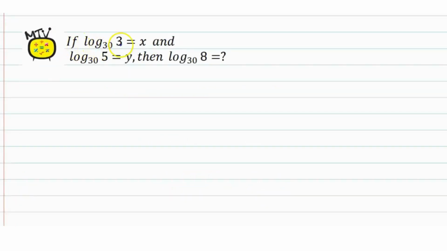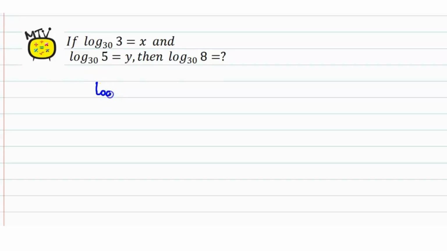The question is given: if log 3 to the base 30 is equal to x and log 5 to the base 30 is equal to y, then log 8 to the base 30 is how much? So first we consider log 8.